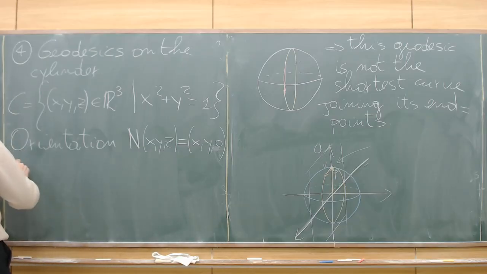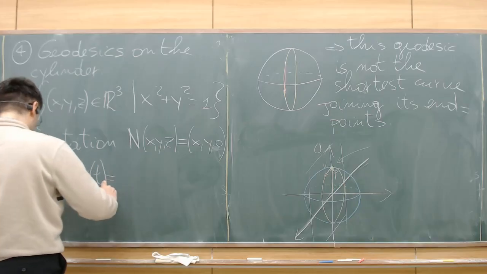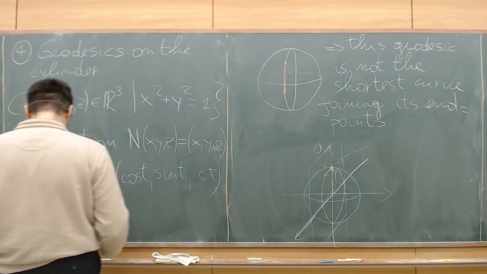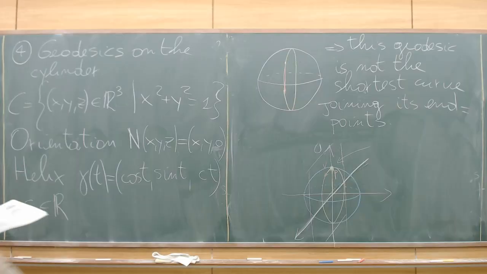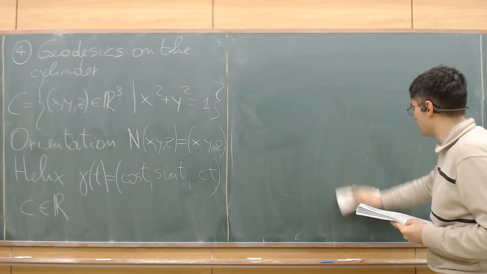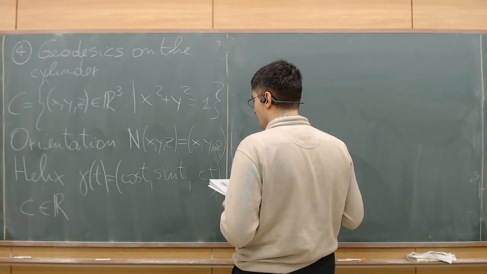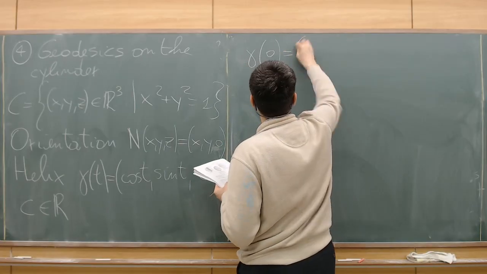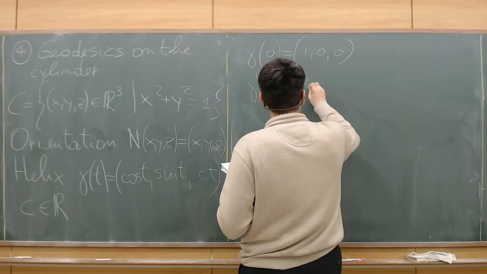Okay, let's consider this kind of curves. Consider the helix gamma(t) given by cosine of t, sine of t, ct, where c is a number in R. This curve has an initial point given by (1, 0, 0), and initial velocity given by (0, 1, c).